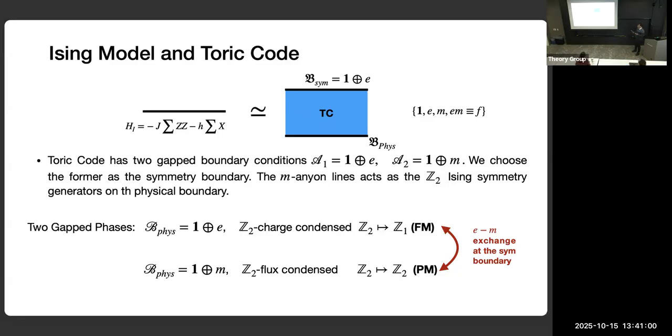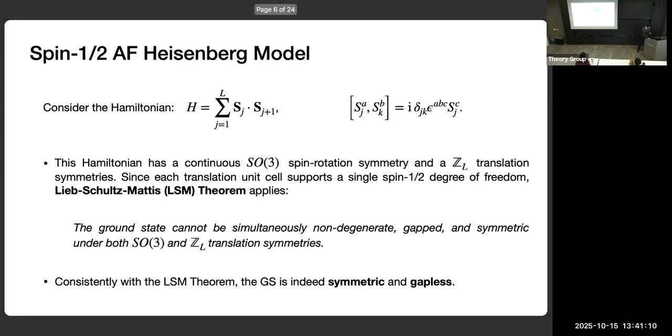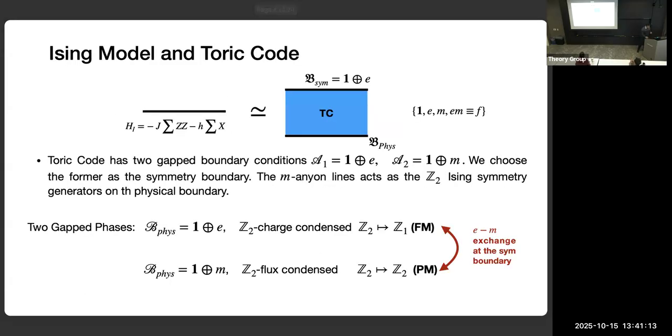Therefore, it acts like Kramers-Wannier duality symmetry. So that's my very quick lightning SymTFT example. But what I actually want to do is construct some SymTFT given some gapless theory.